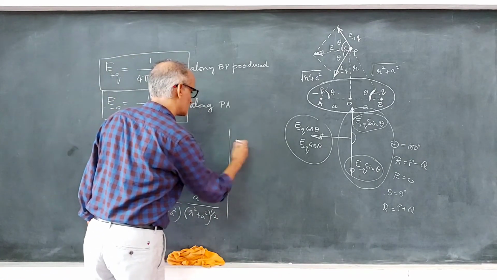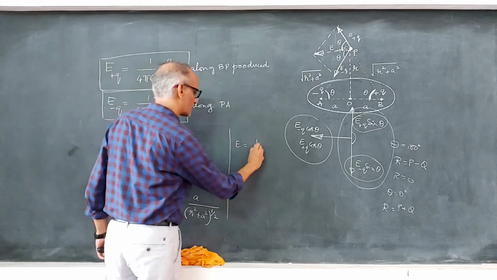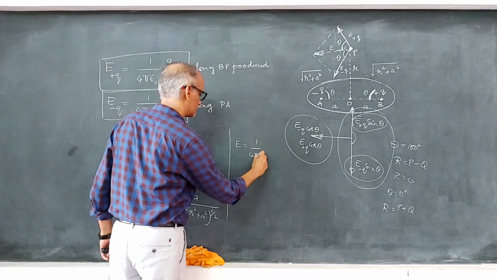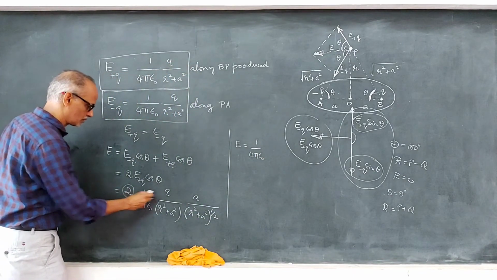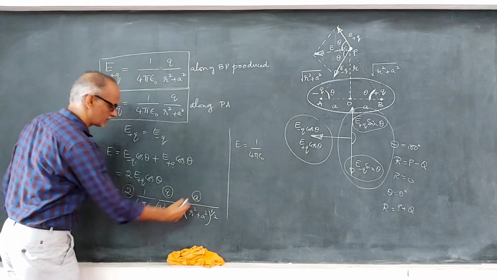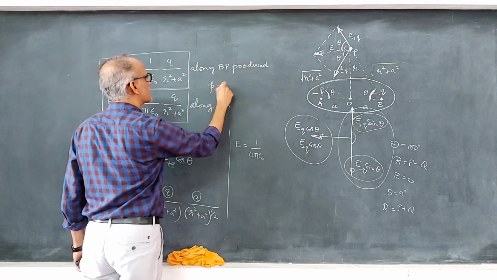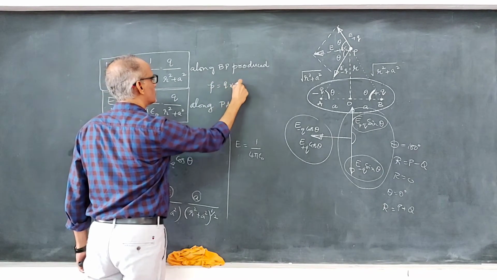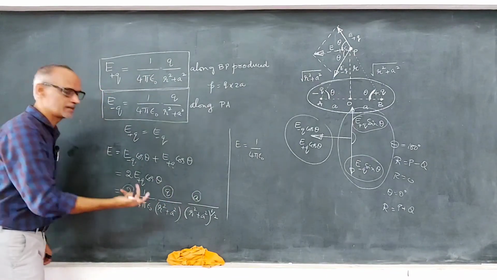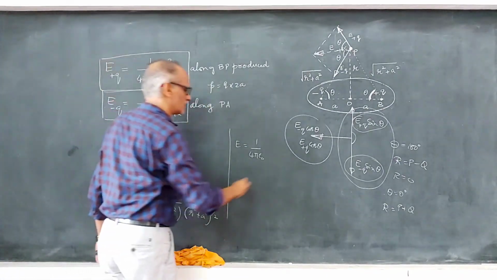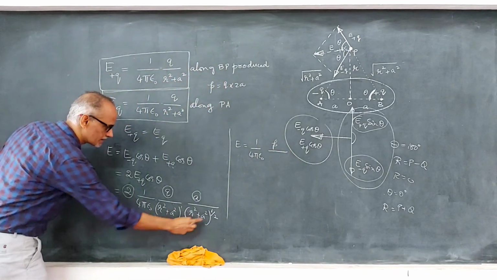So now E is equal to 1 by 4 pi epsilon naught. See the numerator, 2 Q into A. Dipole moment is nothing but Q into 2A, right? So that 2Q into A is nothing but the dipole moment, which is P. So that's why P divided by, here the power is 1, here the power is half.